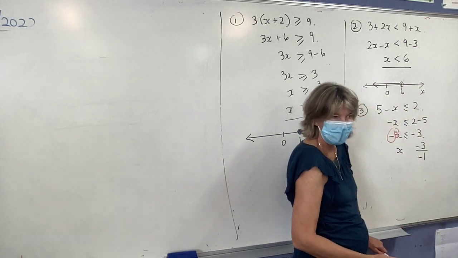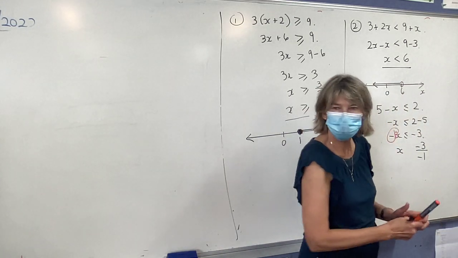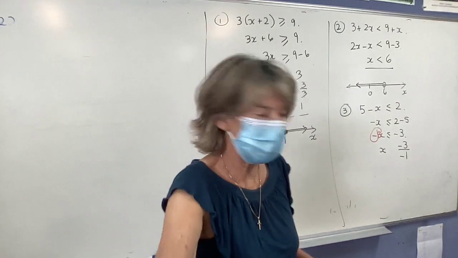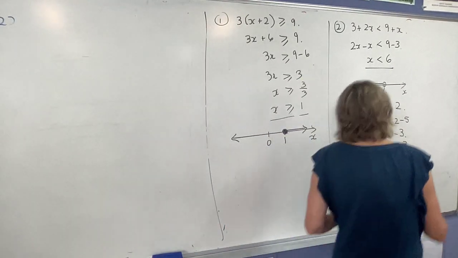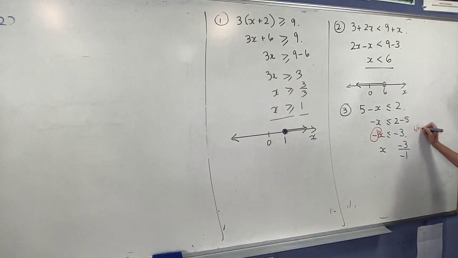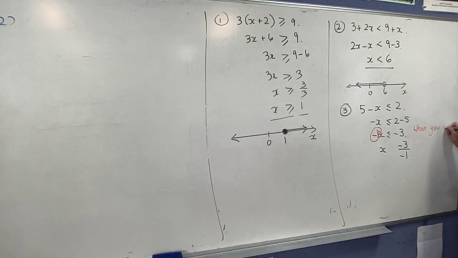Okay? Now, the rule is, just move this around a bit. The rule is, when you times or divide by a negative number, you have to reverse the inequality sign.